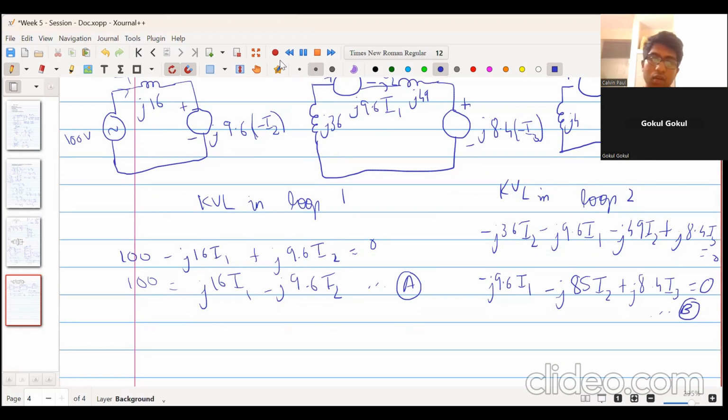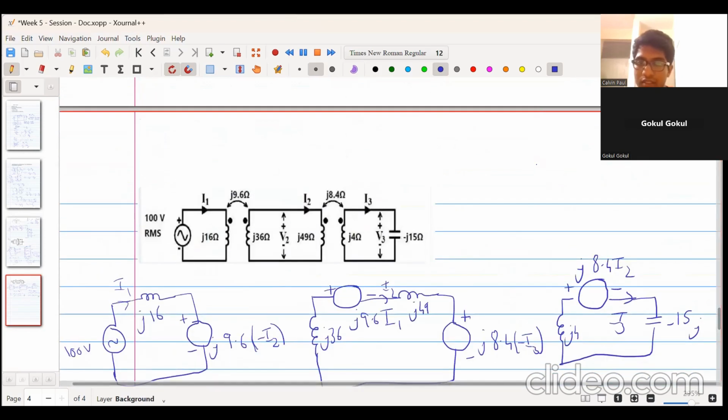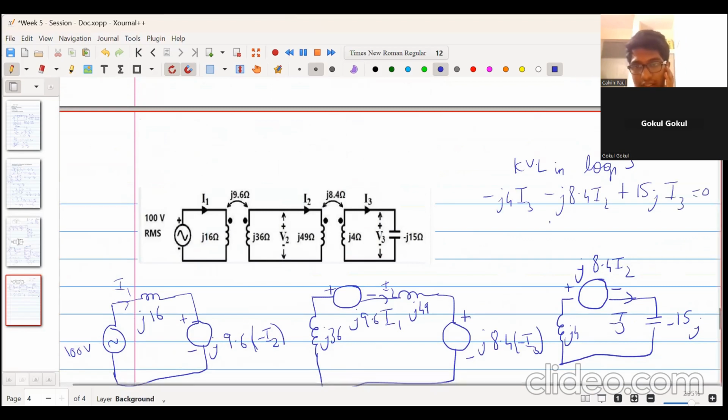Okay. Now we apply KVL in loop 3 over here. What do we get is minus J4 I3 minus J 8.4 I2 plus 15J into I3 equal to 0. Okay, so we get 11J I3 is equal to 8.4 J I2. Any doubts in this?